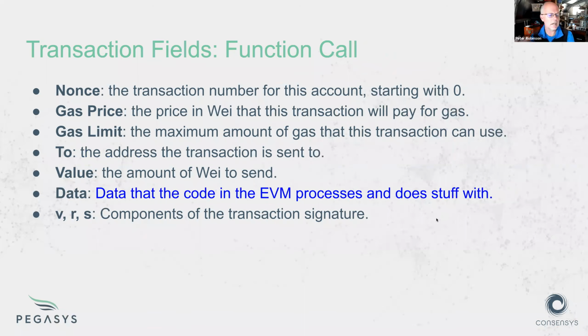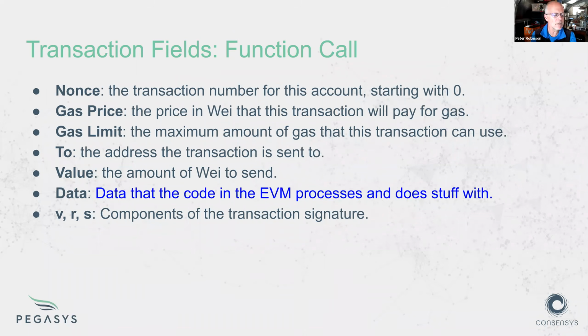And if you want to do a function call, then the data field is the parameters. So what function do you want to call, and what are the parameters? And it's really up to the EVM code to process that. So code that conforms to the ABI specification takes a function selector and parameters.